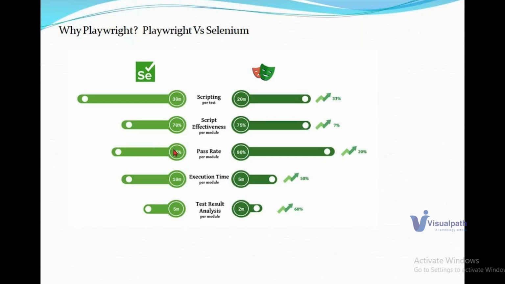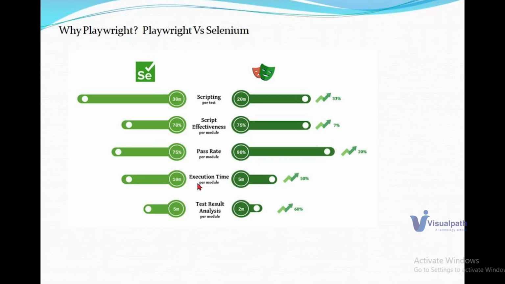So if you reduce that failure count, automatically you are saving your time. Playwright comes with almost a 90 to 95 percent pass rate every day, if you maintain your script effectiveness well.